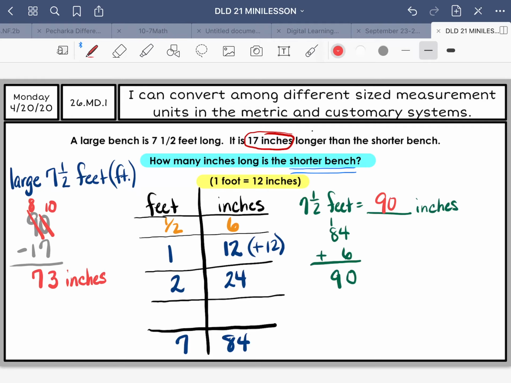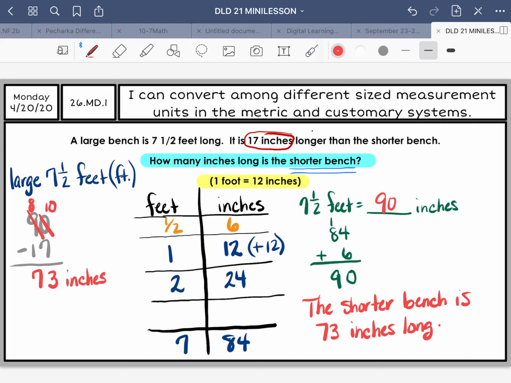But I'm not finished. I need to go back and answer the question. The question asks, how many inches long is the shorter bench? And whenever I answer a question, I have to write my answer in a complete sentence. The shorter bench is 73 inches long.